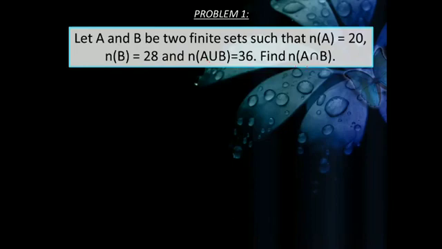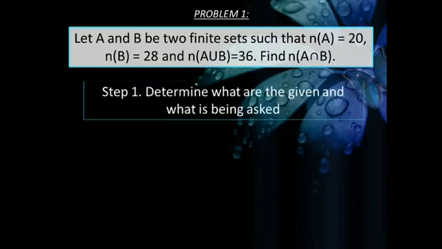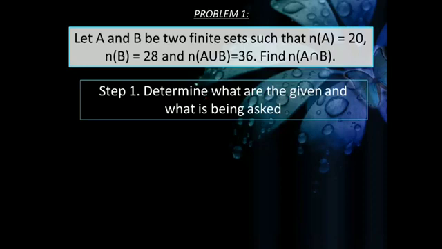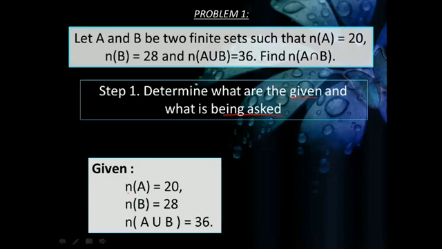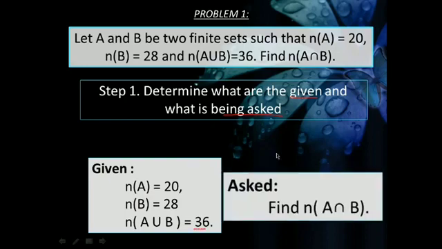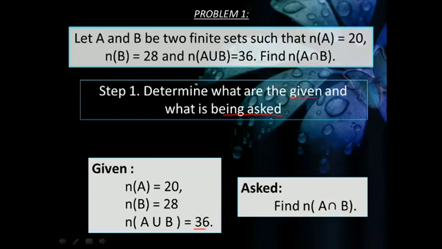Find the number of elements of A intersection B. So our first step is to determine what is given and what is being asked. Our given is: the number of elements in A is 20, the number of elements in B is 28, and the number of elements in A union B is 36. What is being asked? Find the number of elements of A intersection B.